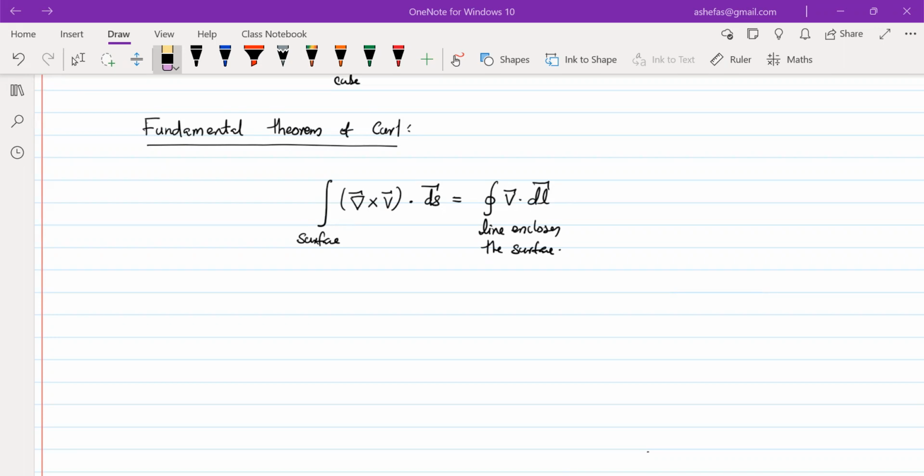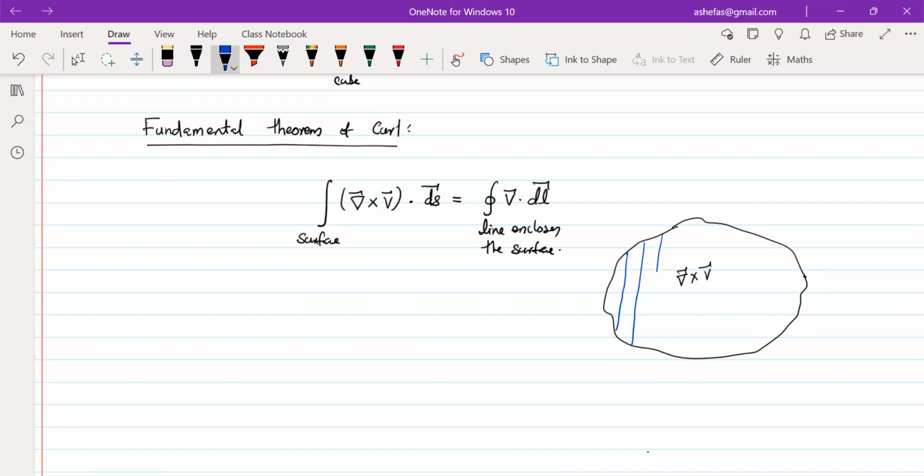So what is the meaning of it? That means if we have some surface of some arbitrary shape, I am going to find the surface integral of the curl of the vector field. Surface integral means I can split this entire surface into small segments.